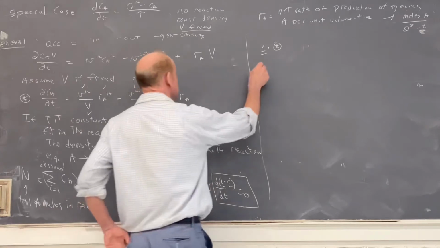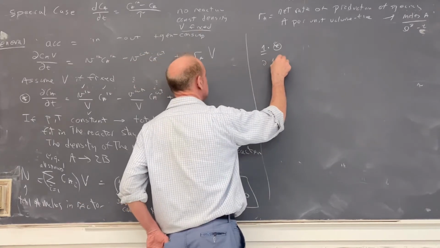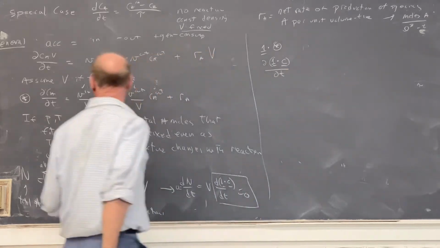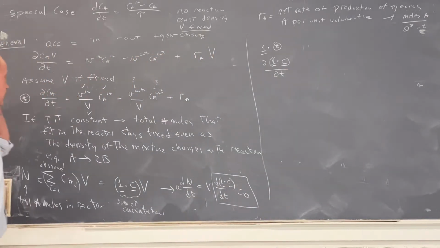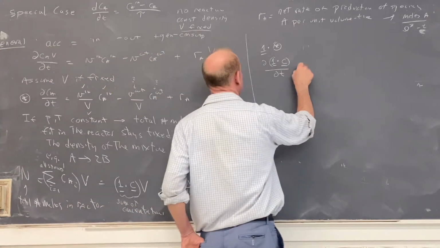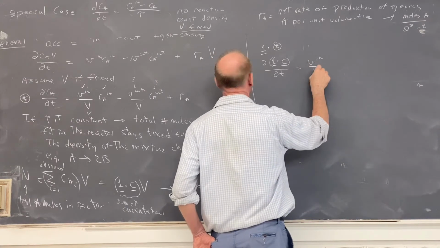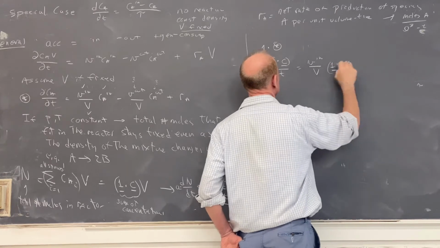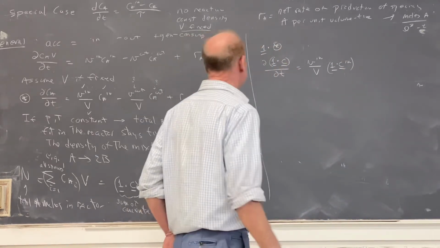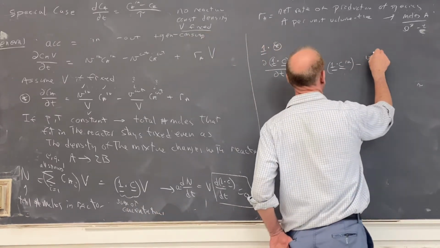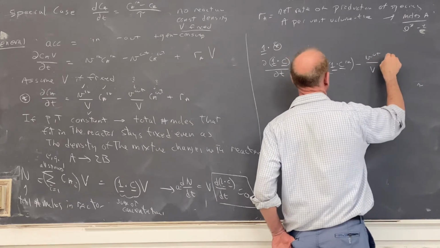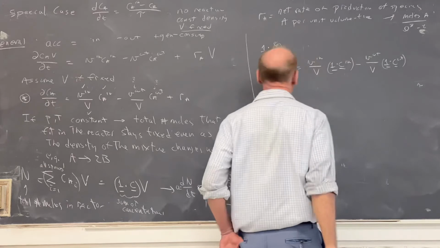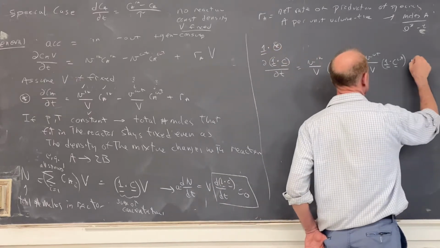So that gives me d of 1 dot c dt on the left. And what that gives me is V in over V times 1 dot c in minus V out over V times 1 dot c out plus 1 dot r.